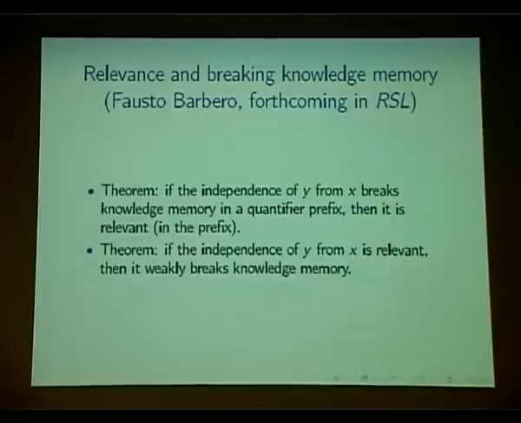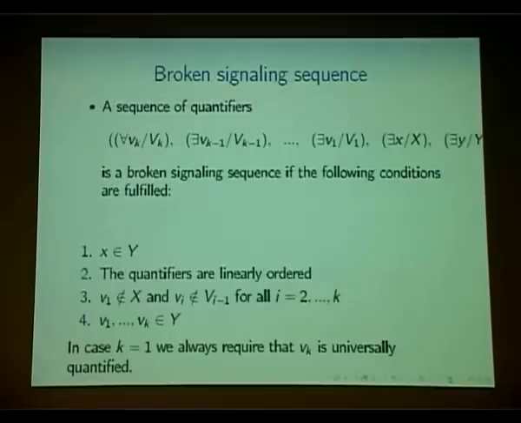If the independence of y from x breaks knowledge memory in a quantifier for x, then it is relevant. So results like this. Or then we have another concept, broken signaling sequence. So we have a sequence of quantifiers like here that is actually inspired by the Hodges sentence.